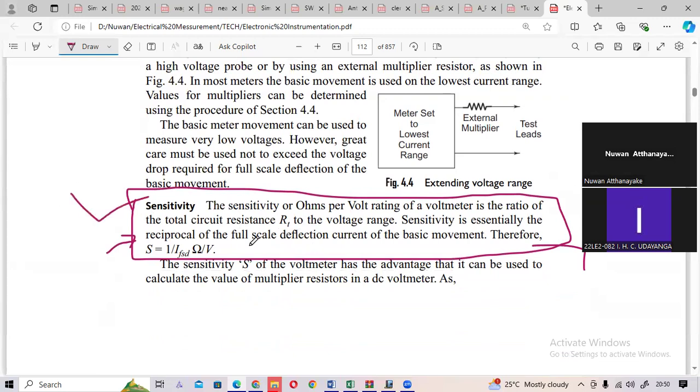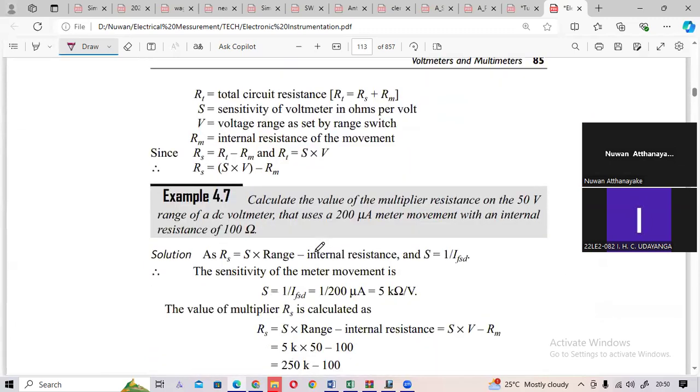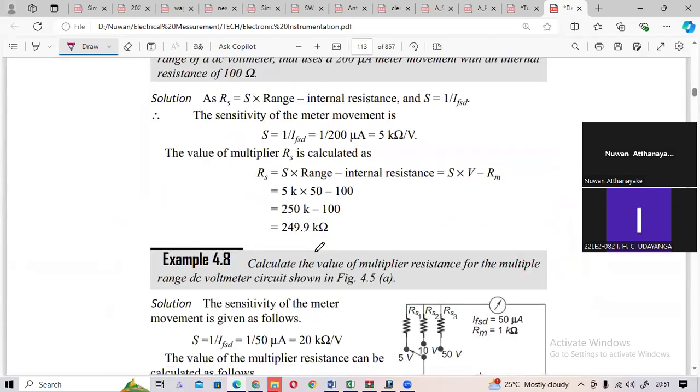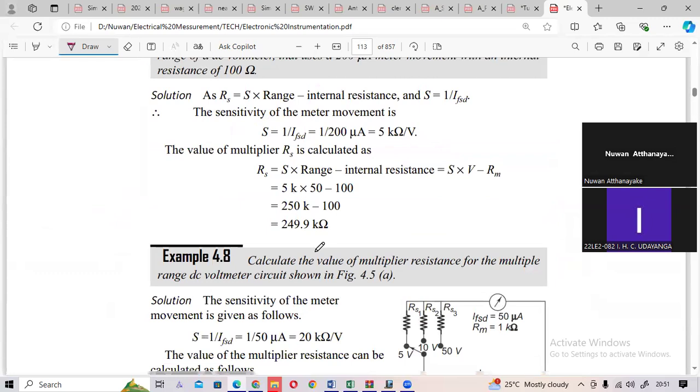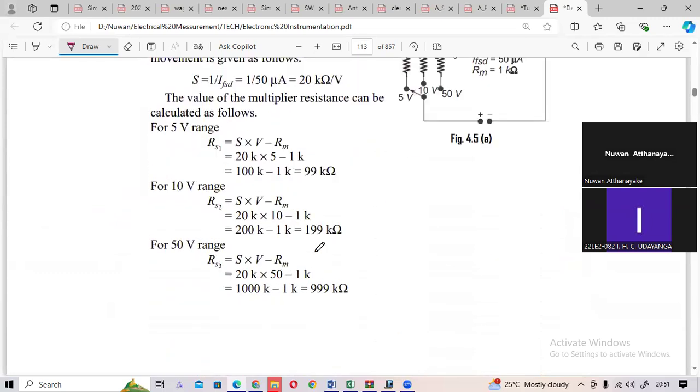This is one definition for sensitivity. So check this one also and try to understand by yourself. I will explain this later. I think that is enough.